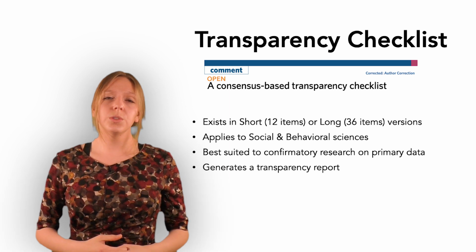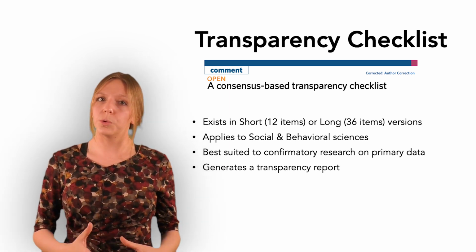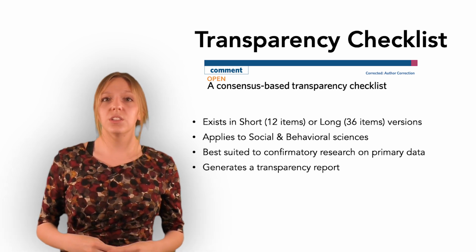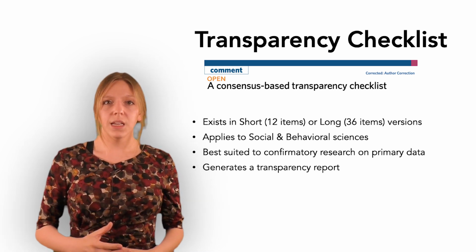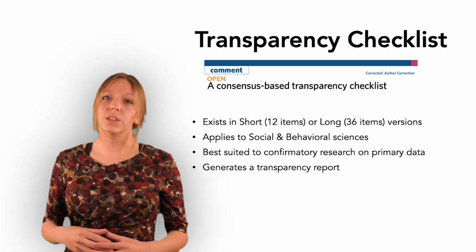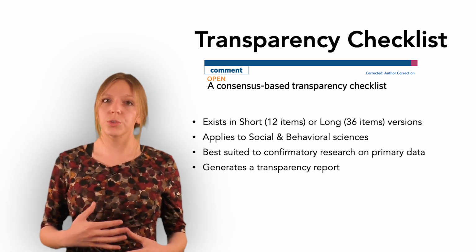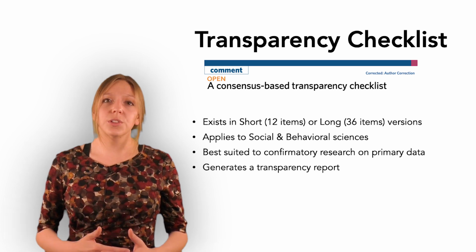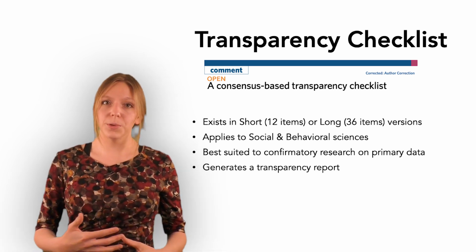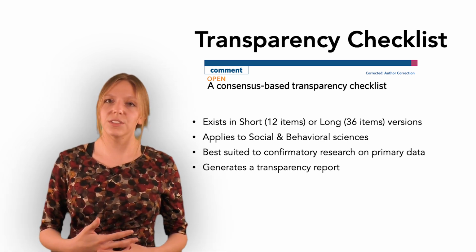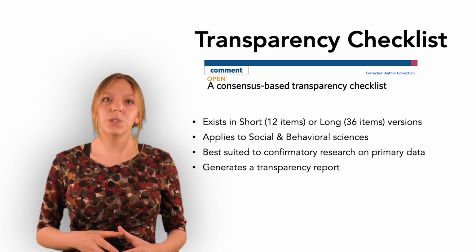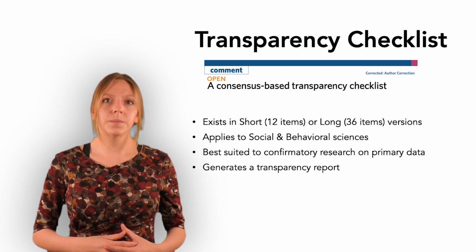Another useful tool to help you report all the necessary information to make your study transparent is the transparency checklist. It was established by a large community of researchers for social and behavioral sciences. As mentioned by the authors themselves, when you open the app on which you can fill the checklist, it is best suited for confirmatory research using primary data.